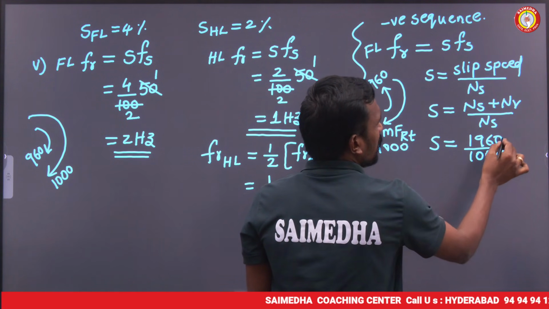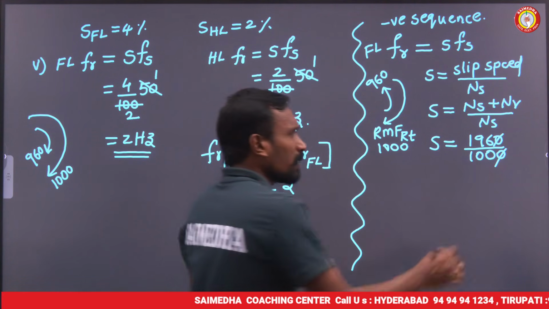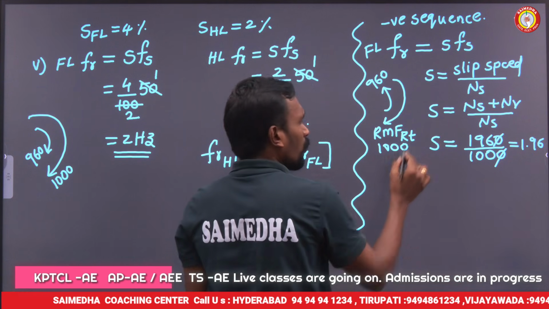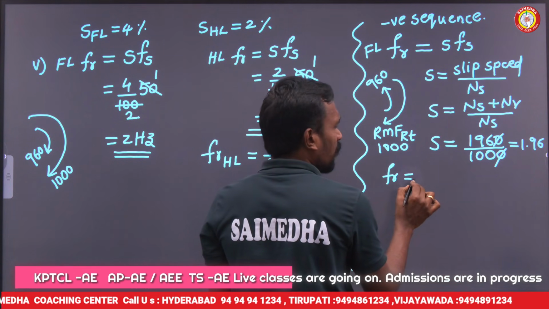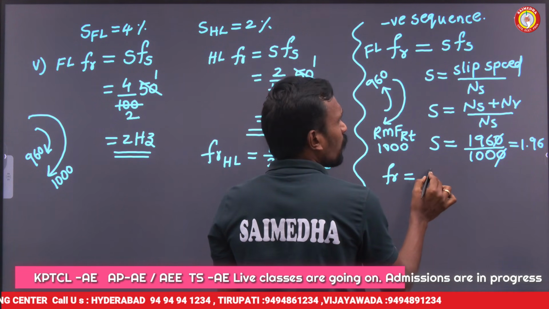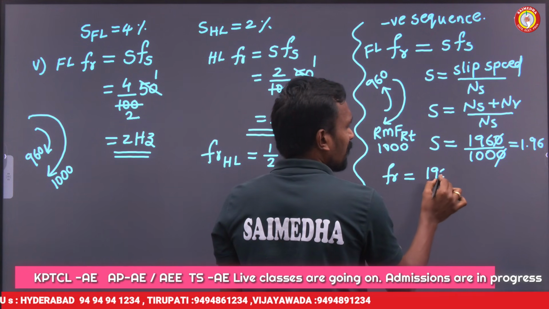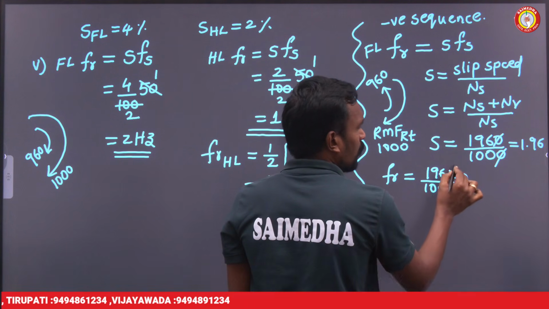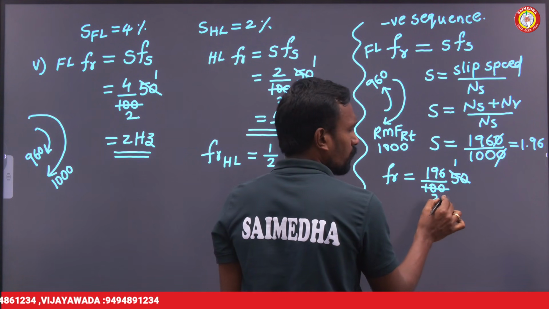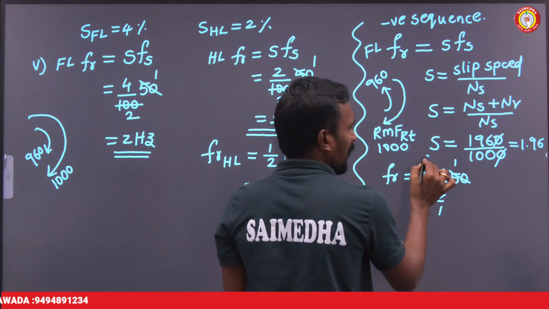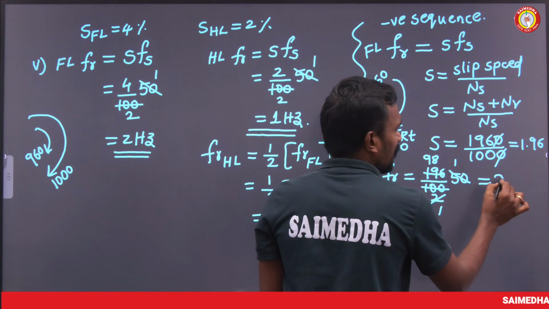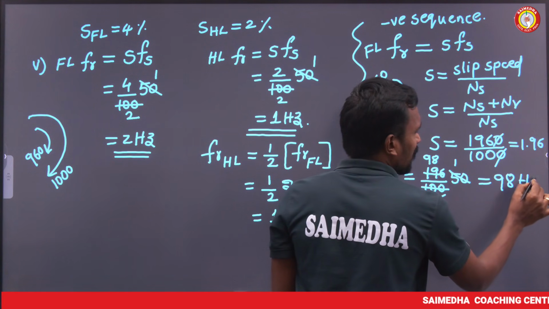Now the slip is 1.96. The rotor frequency Fr is equal to S into Fs, 196 by 100 into 50. So the answer is 98 Hz.